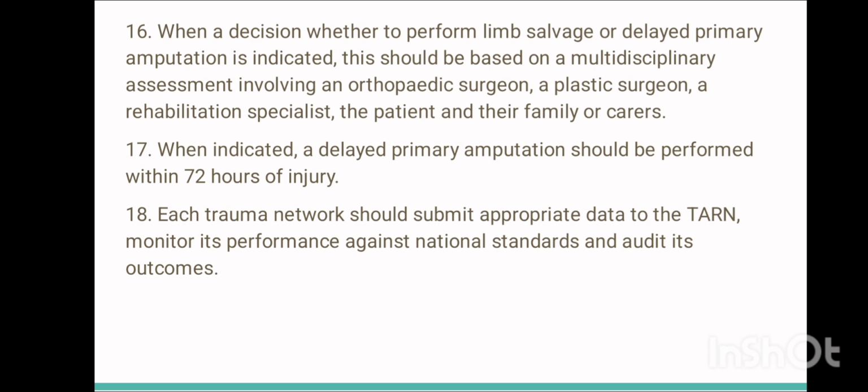When a decision whether to perform limb salvage or delayed primary amputation is indicated, this should be based on a multidisciplinary assessment involving an orthopedic surgeon, a plastic surgeon, a rehabilitation specialist, the patient, and their family or carers. 17. When indicated, a delayed primary amputation should be performed within 72 hours of injury.